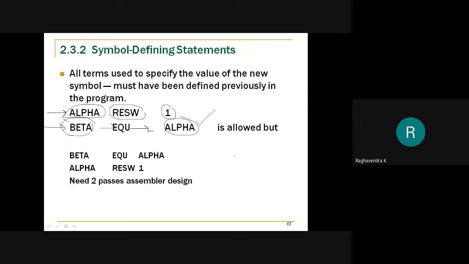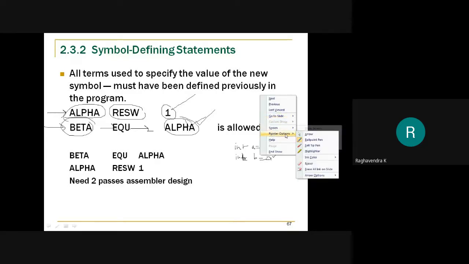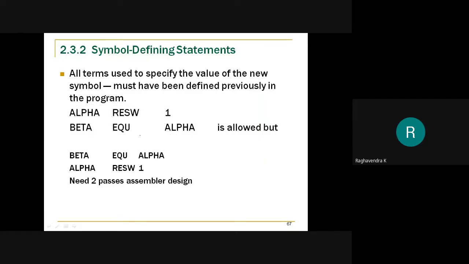It is something like, in your program, int a is equal to 10, int b is equal to a. I have defined alpha, and beta is equal to alpha. I've just given a comparison with a high-level programming language.